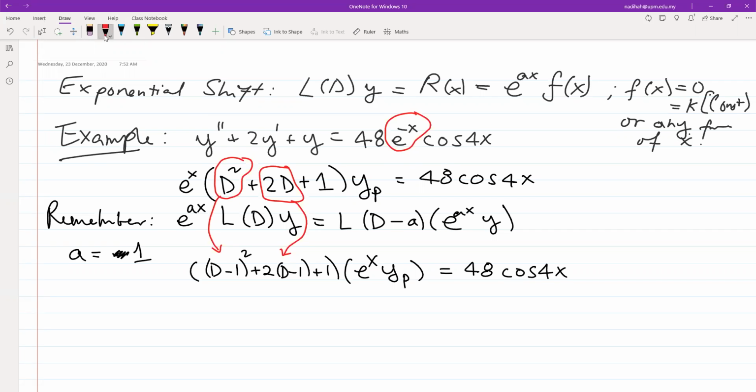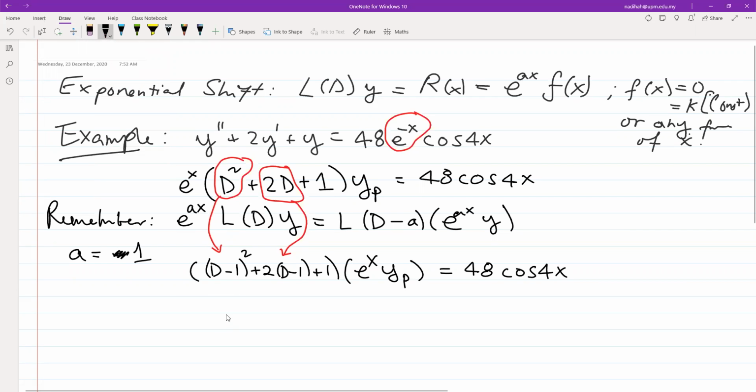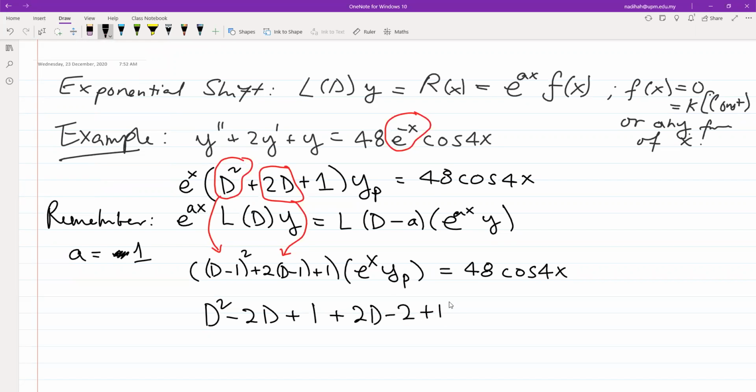If you open or simplify this expression, you have d squared minus 2d plus 1 plus 2d minus 2 plus 1.